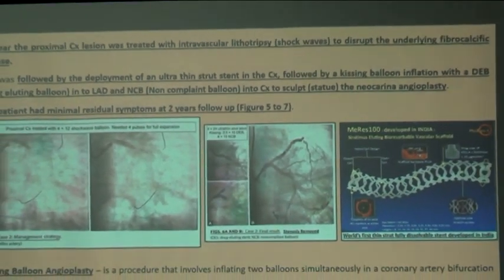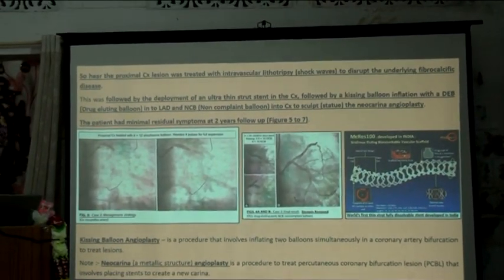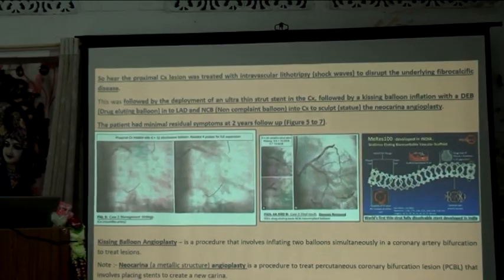the LAD and a non-compliant balloon into the circumflex to sculpt the neocarina angioplasty. Here you must be thinking what I have said about kissing balloon angioplasty.